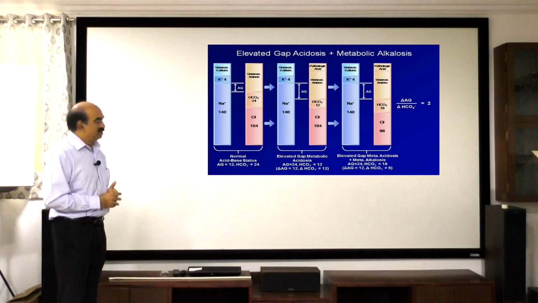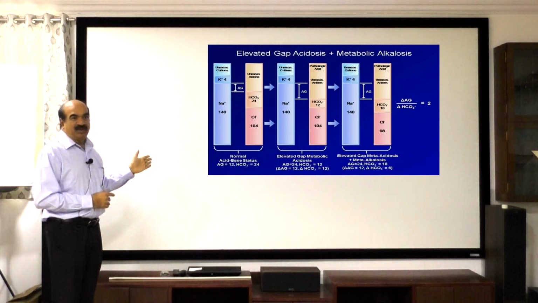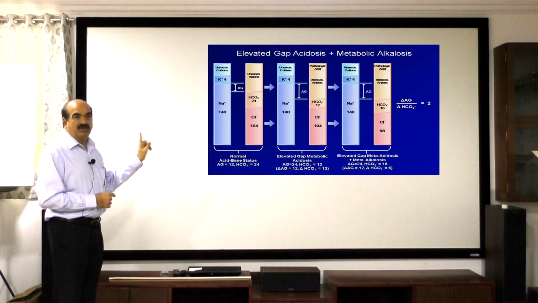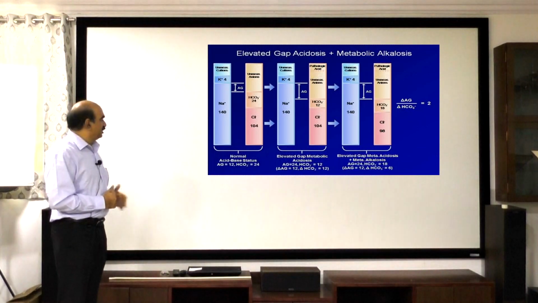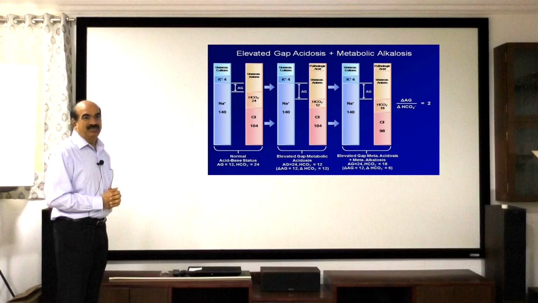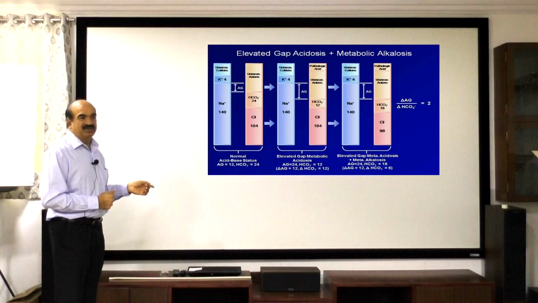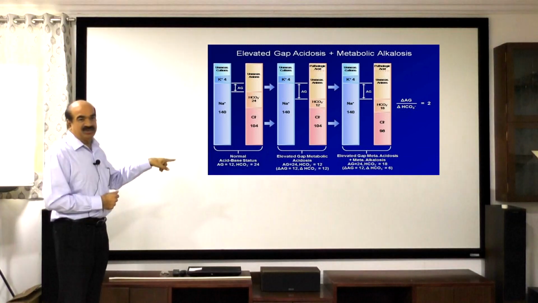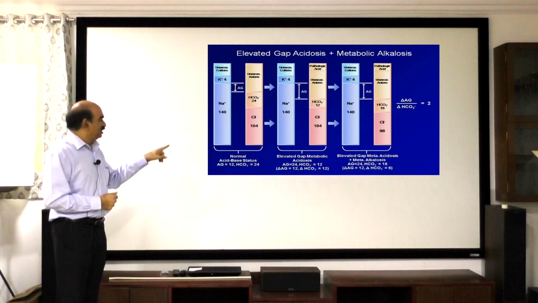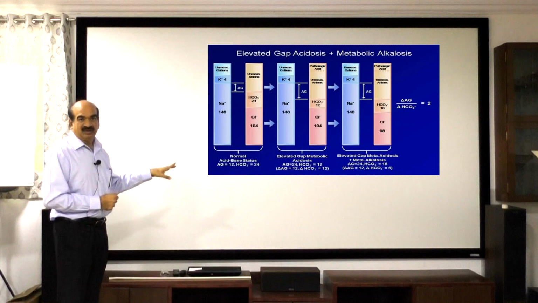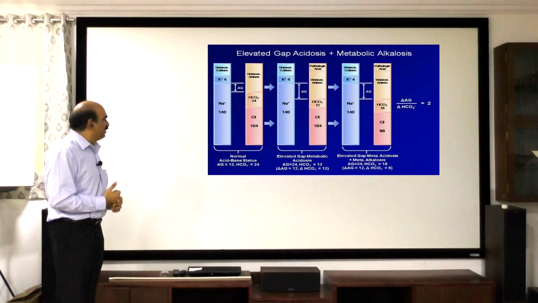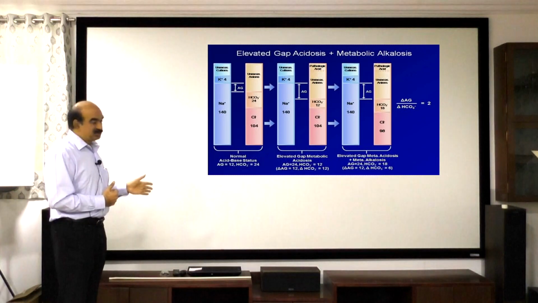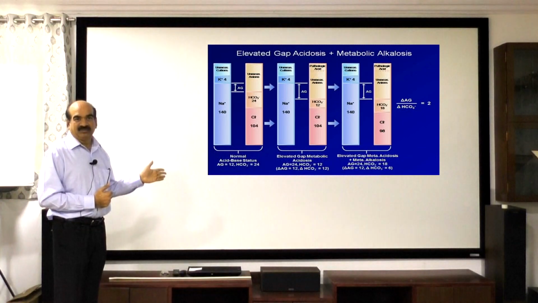Delta anion gap is the measured anion gap minus the normal anion gap, 24 minus 12, that is 12. Delta bicarb is normal bicarb minus measured bicarb, again 24 minus 12. 12 by 12 is 1. So this is a case of elevated gap metabolic acidosis with a delta ratio of 1.